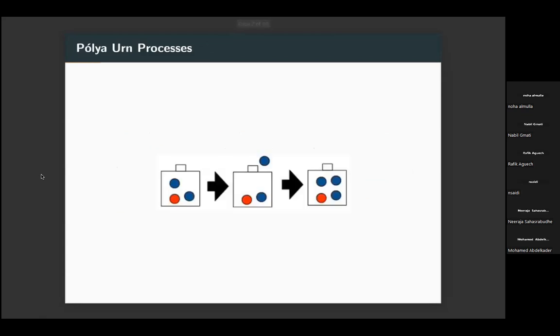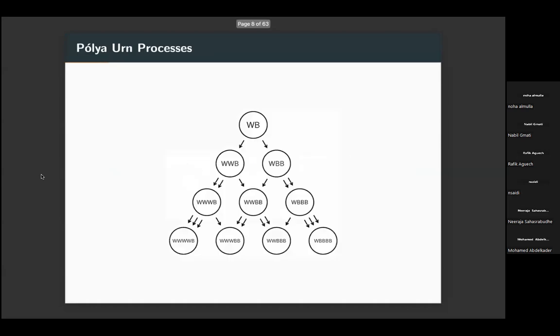Pictorially, this is what is happening. Let's say you have 2 blue balls and 1 red ball. If in the next step you drew a blue ball, then you put it back in the urn with another blue ball. So it proceeds something like this. I'm actually going to stick to white and black as the 2 colors.